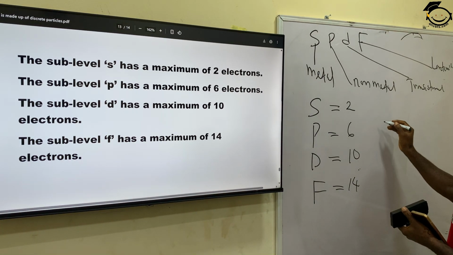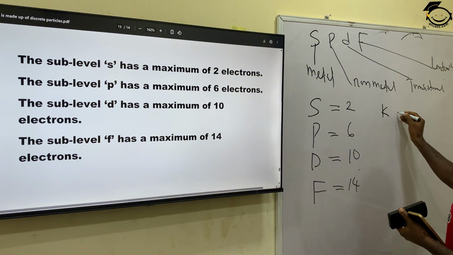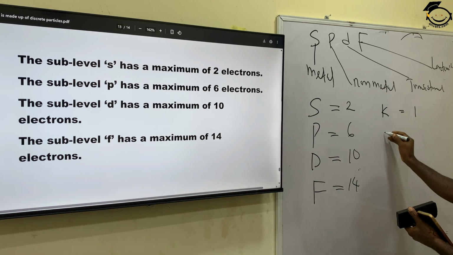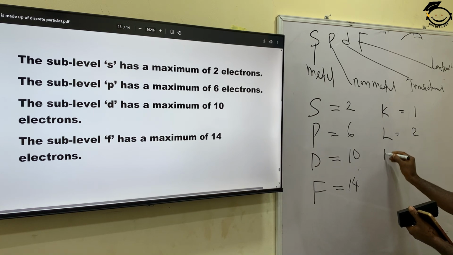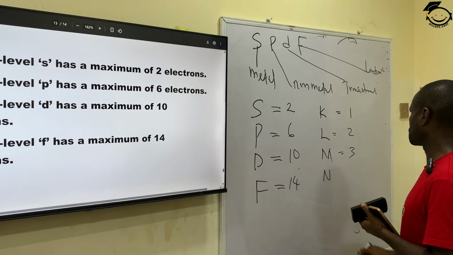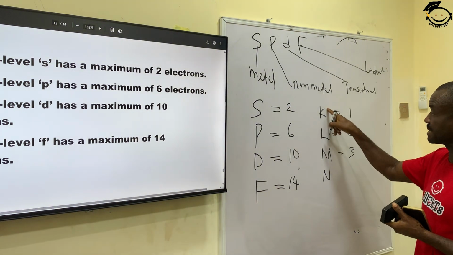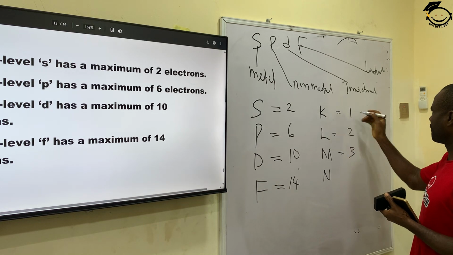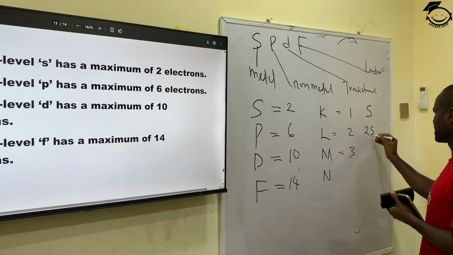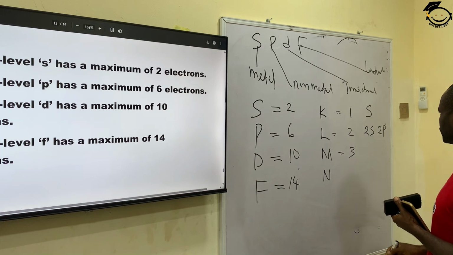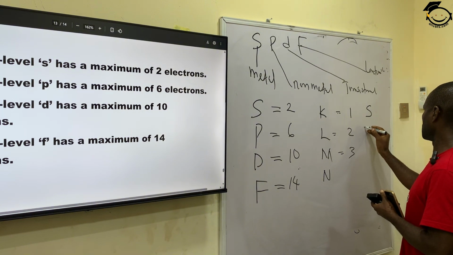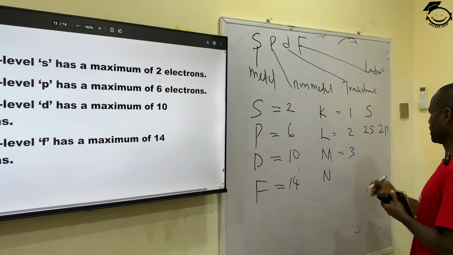For instance, if we have this trend, K, which is 1, L, which is 2, M, which is 3, then N, which is 4. So for the first shell we have the subshell S. For the second, we have 2S, 2P.